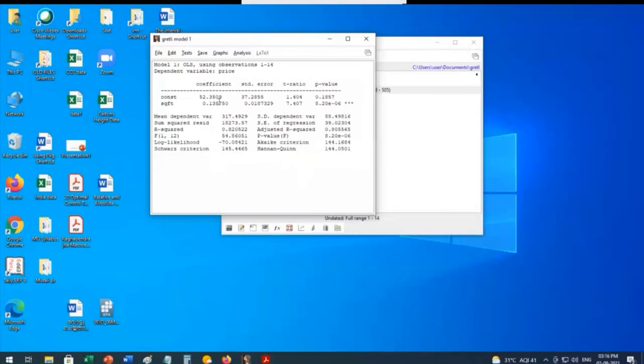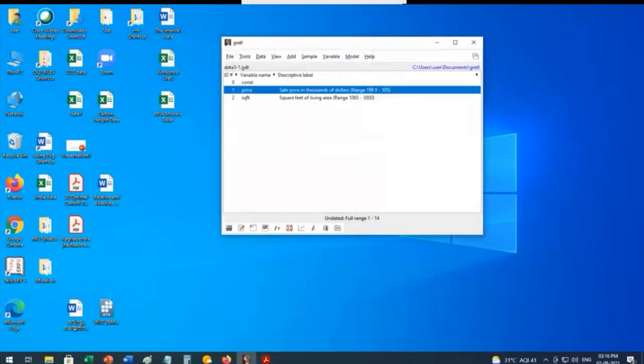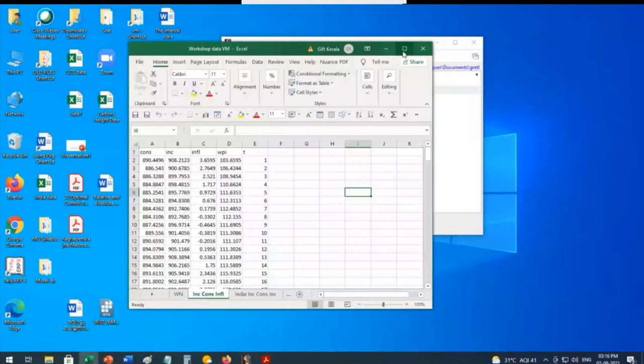Now I shall take up a multiple regression case, and for that I will use another data set. I'm taking a data set like this.